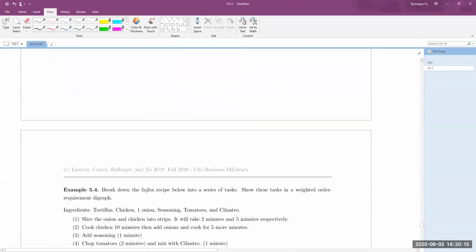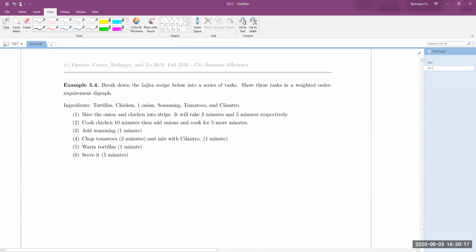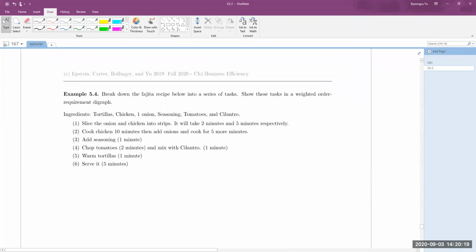Okay. Then let's deal with some examples. Example 5.4 asks us to break down the first recipe below into a series of tasks and show these tasks in a weighted order requirement diagram. So we have some ingredients. And first of all, you need to slice the onion and chicken into strips, right?